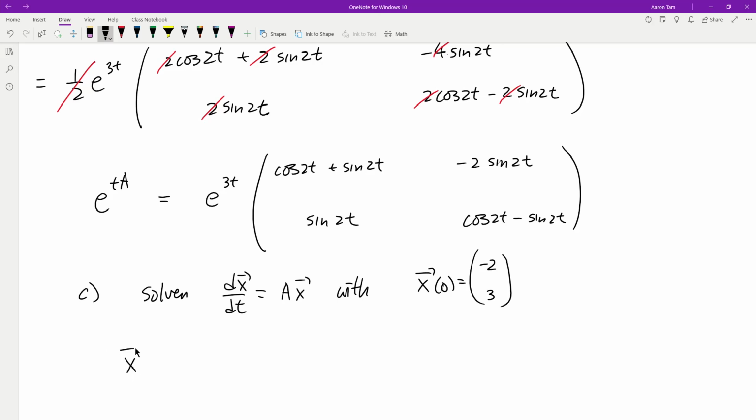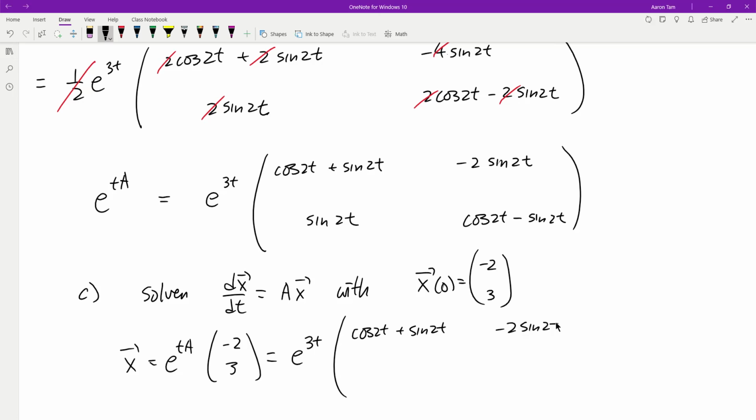Well, x is just equal to e to the At multiplied by negative 2, 3. So that's e to the 3t times the matrix cosine 2t plus sine 2t, negative 2 sine 2t, sine 2t, cosine 2t minus sine 2t, and then multiplied by negative 2, 3.